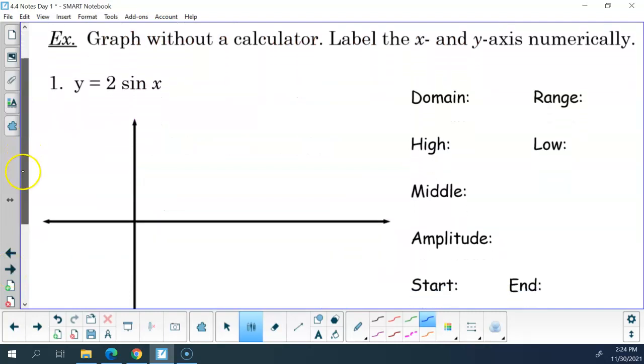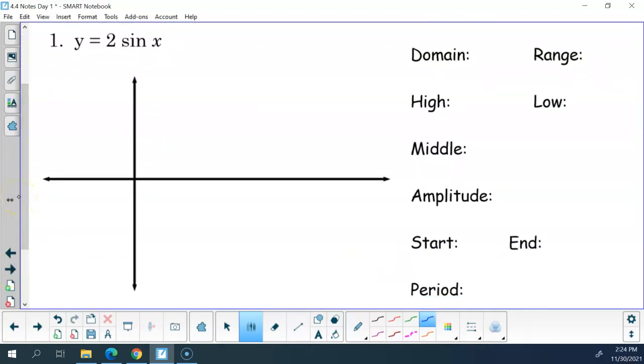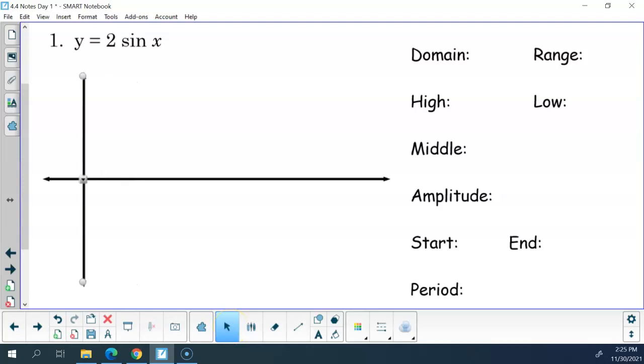So, in your notes now, right now, you can draw yourself this kind of elongated to the right graph.